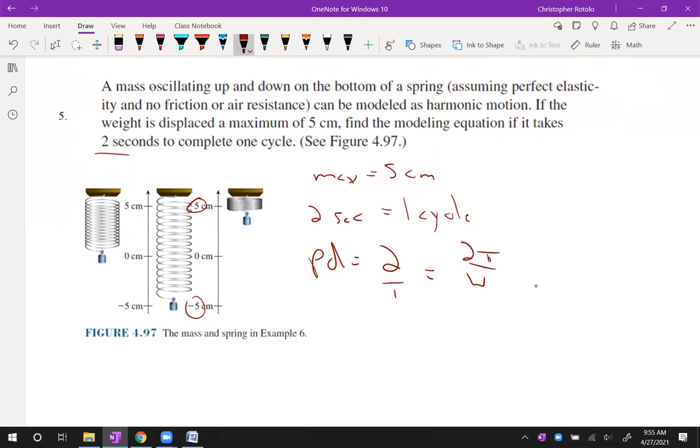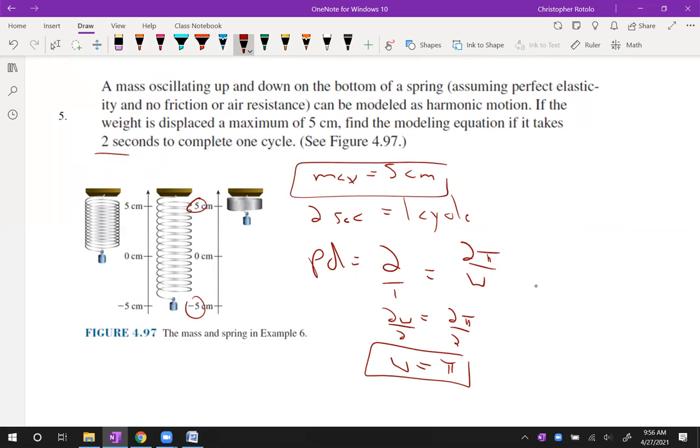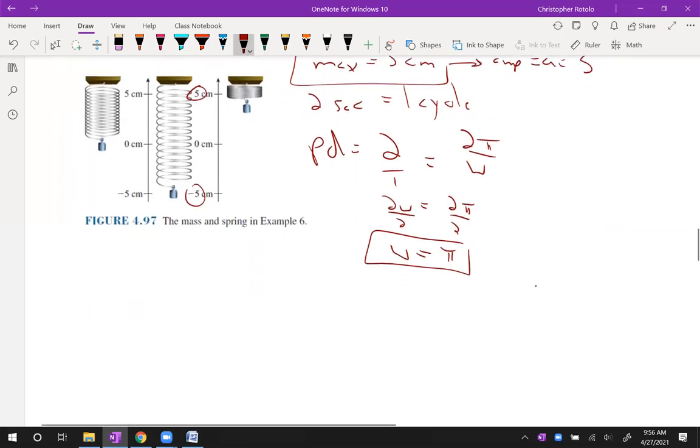All right, so we're going to cross multiply. 2 omega equals 2 pi, divided by 2. So omega, I don't know why I keep using w, is pi. All right, so I have omega. I have a maximum. Remember, this is going to be the amplitude, which is A, which is 5. So I think we have everything we need here.